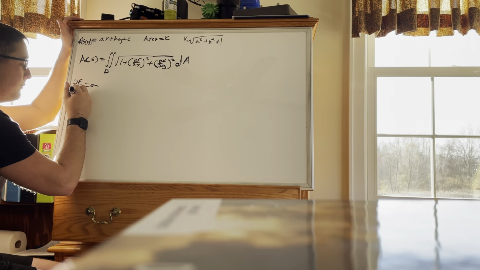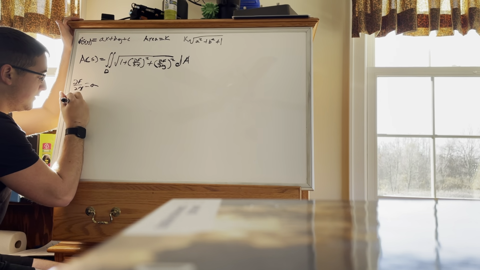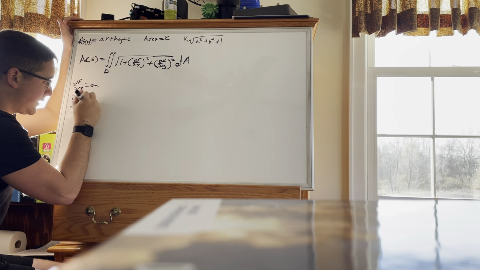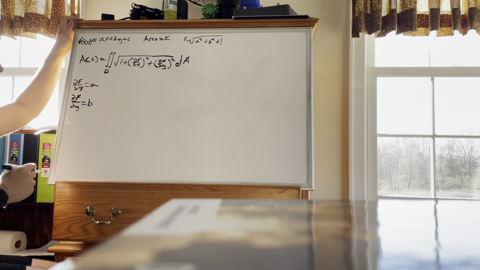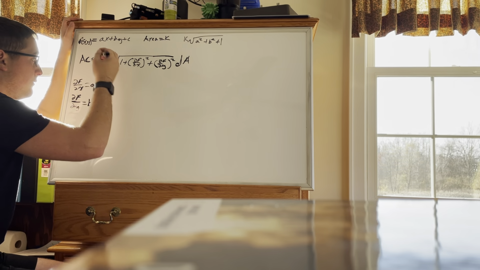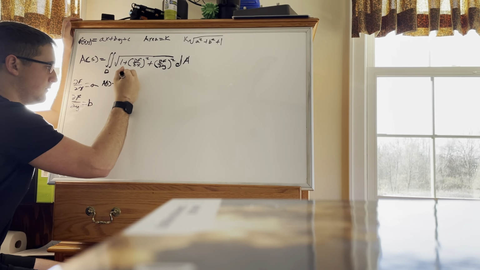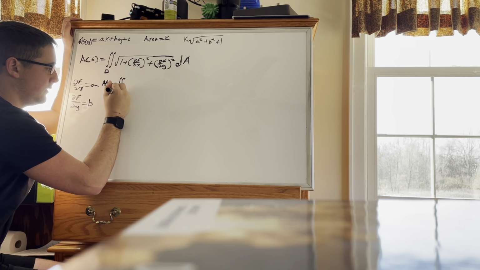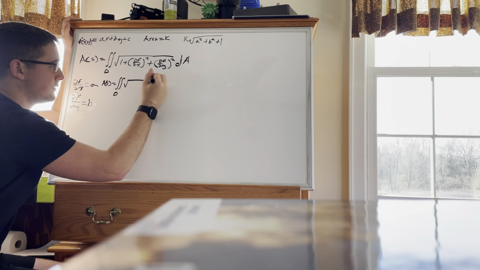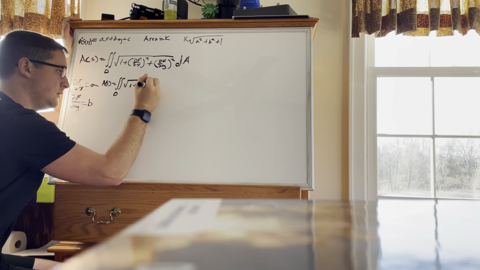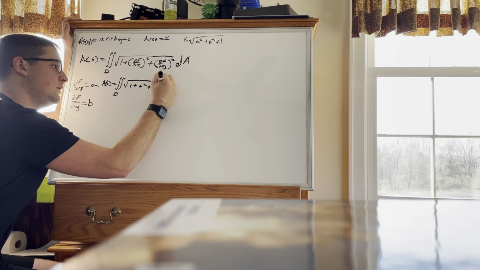Same story with y: the partial derivative of f with respect to y gives us b. So then we can plug this into our equation. The surface area S equals the double integral over D of the square root of 1 plus a squared plus b squared dA.